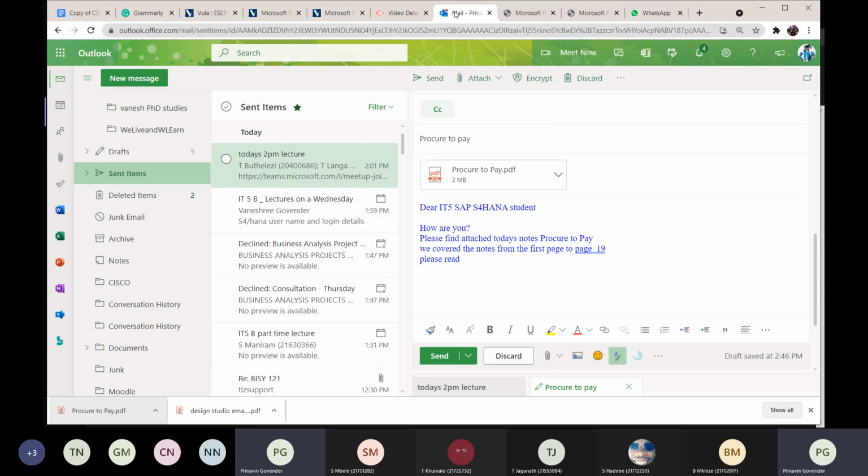Please read and try to implement in the S/4HANA Fiori environment.